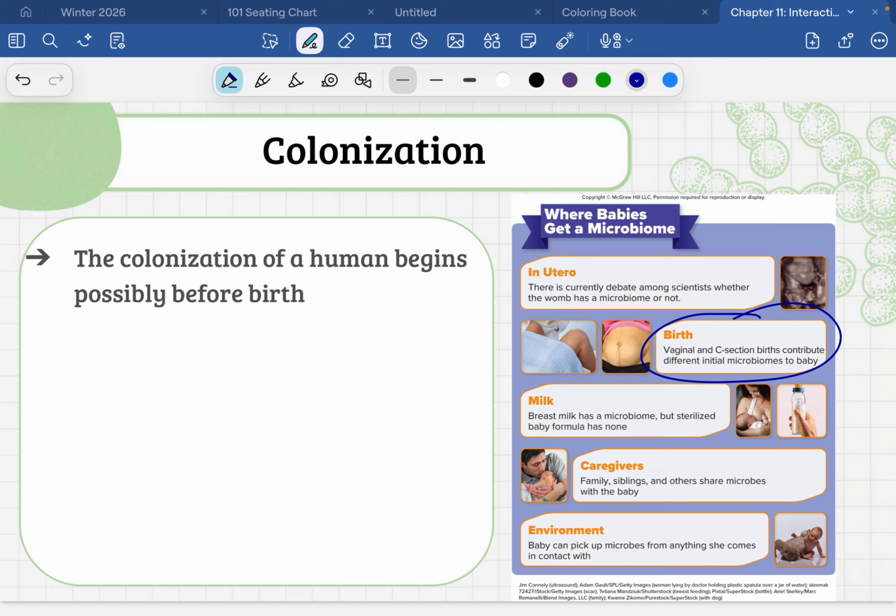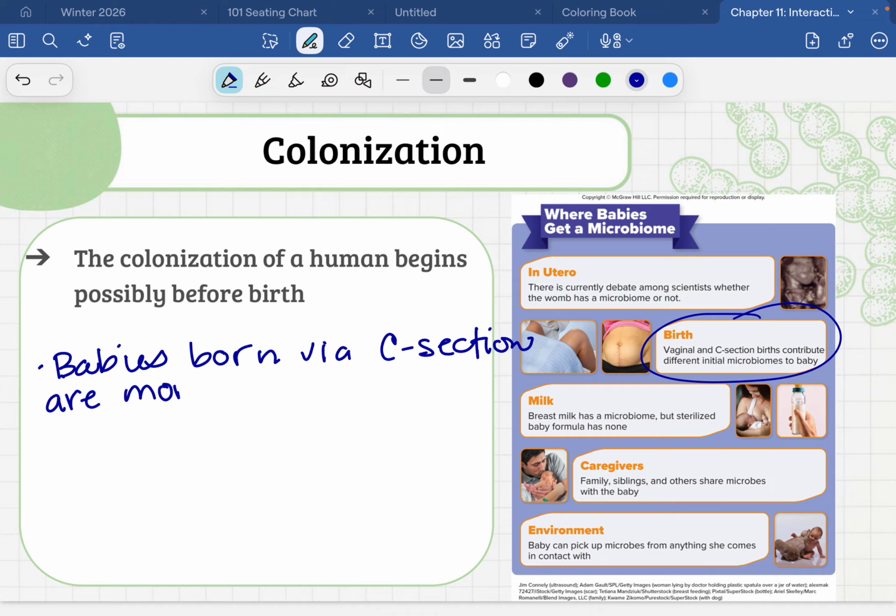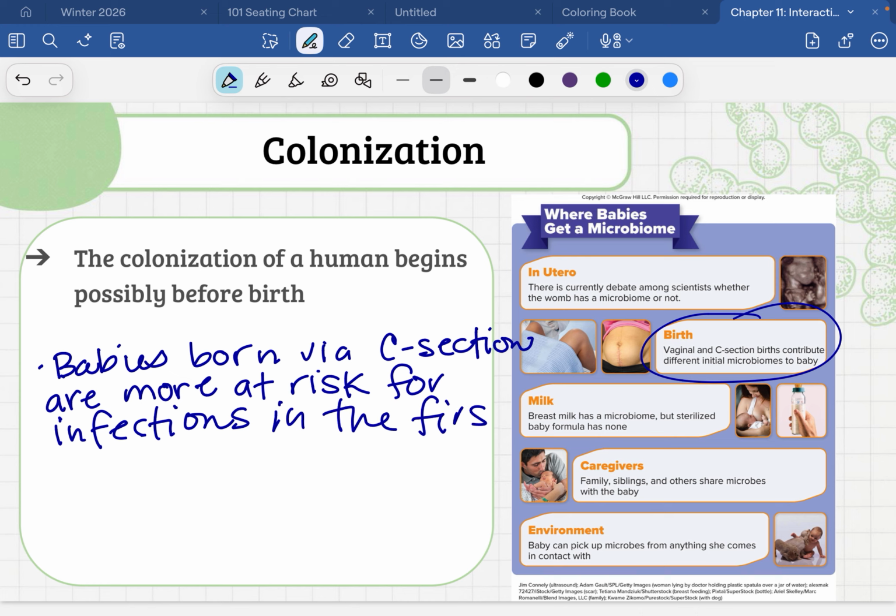So there have actually been studies that show that babies born via C-section are more at risk of getting sick of infectious diseases in their first 12 months of life.